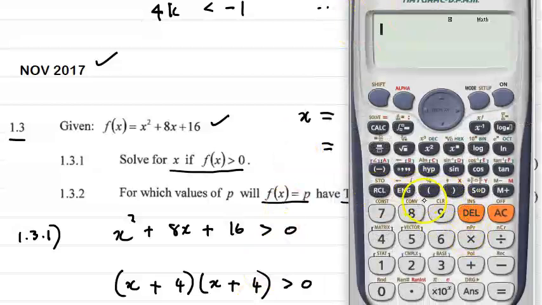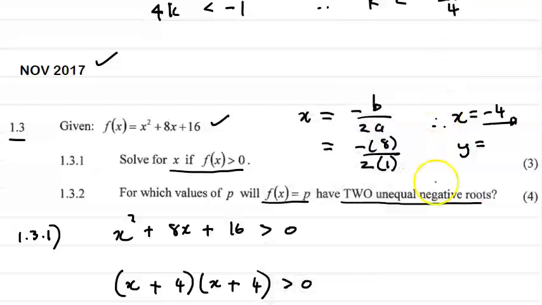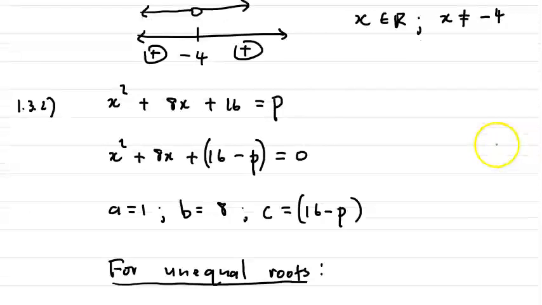If we substitute minus 4 into this equation to get our y value, which will give us our turning point, we have minus 4 squared plus 8 times minus 4 plus 16, which gives us 0. Therefore, our turning point is minus 4 and 0.